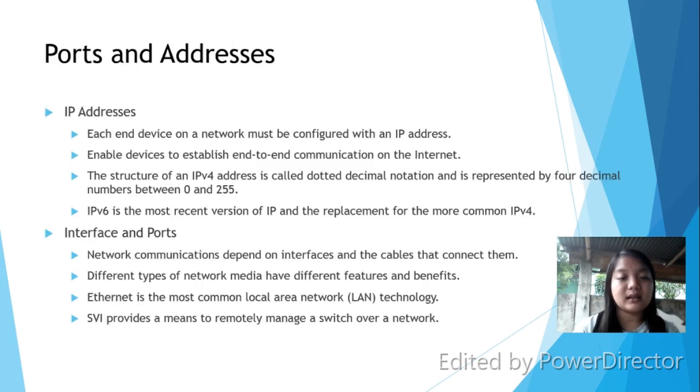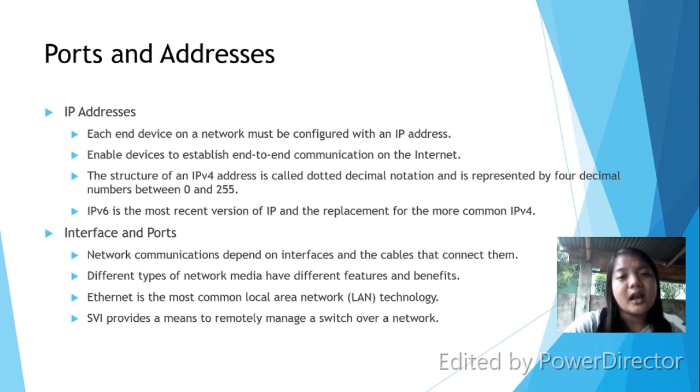The address schemes, the ports and addresses. IP addresses: each device on a network must be configured with an IP address. So it needs to have a unique IP address. A unique IP address enables the device to establish end-to-end communication on the internet.